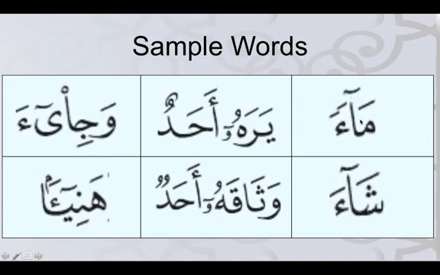Mim fatha alif mad ma. Hamza fathatan an, ma'an. Next we have ya fatha ya, ra fatha ra, ya ra. Ha dhamma waw mad hu, yarahu. Hamza fatha a, yarahu a. Ha fatha ha, yarahu aha.